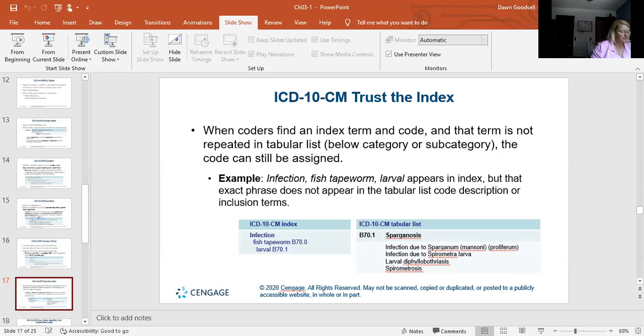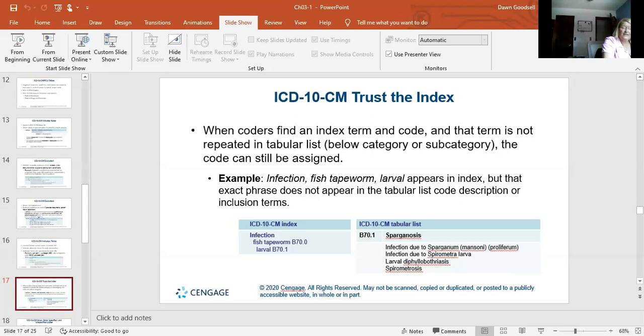Let's look at A40 in your tabular section. I have it on page 441 in my book if that helps. A40, streptococcal sepsis. This is what I mean by red notes, code first. It says in red notes, code first post-procedural streptococcal sepsis.